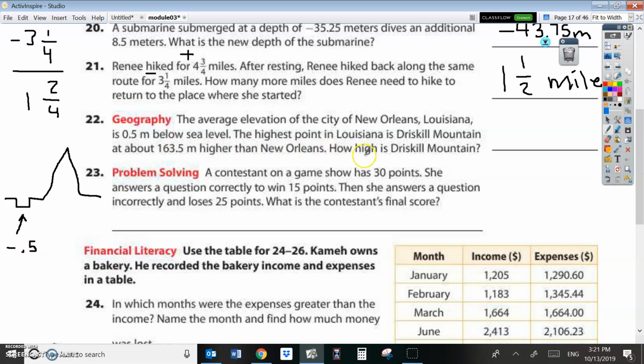And then this Driscoll Mountain is right here. You go up 163.5, but you started down here. You started negative, so you're going up 163.5 meters.